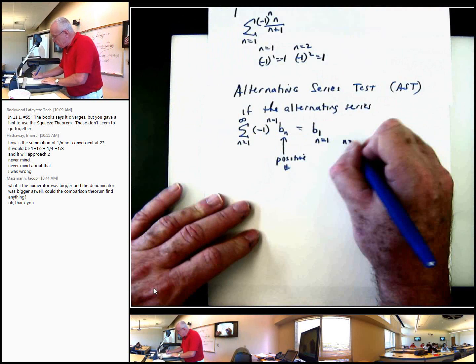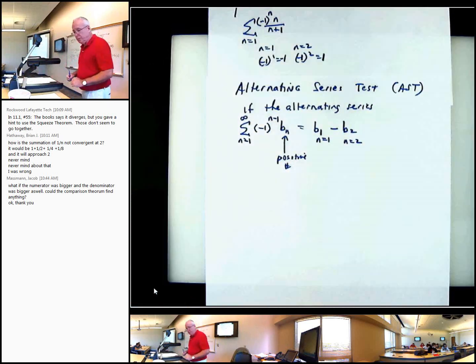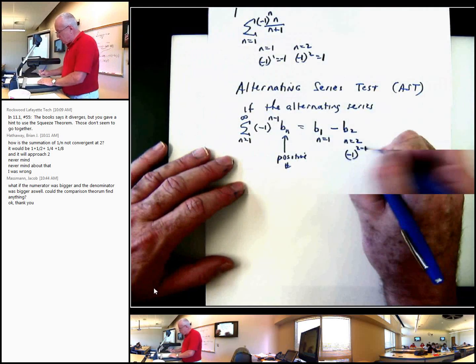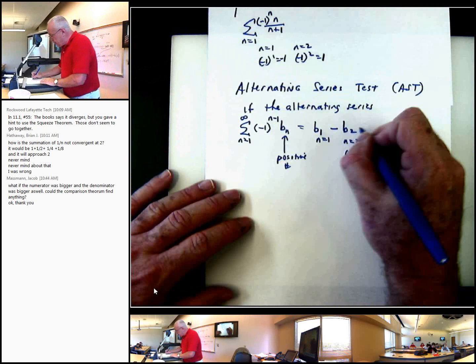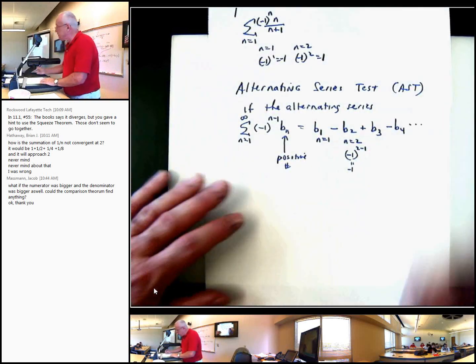And then when n is equal to 2, we'll now have a minus b sub 2, because now it's minus 1 to the 2 minus 1 power, which is equal to minus 1. And then it'll continue this way, plus b sub 3 minus b sub 4, etc.